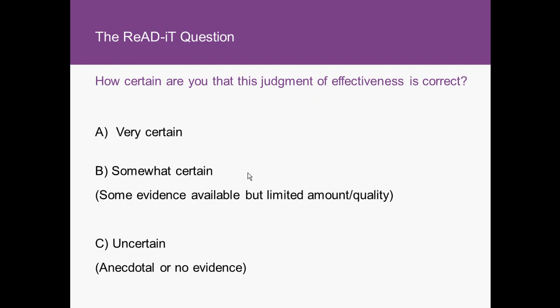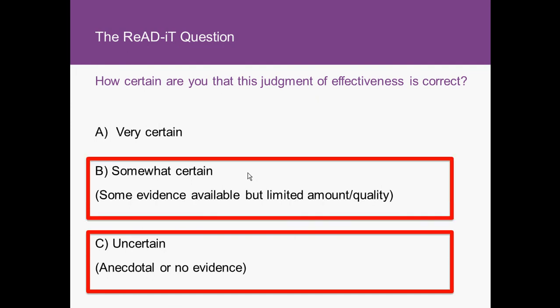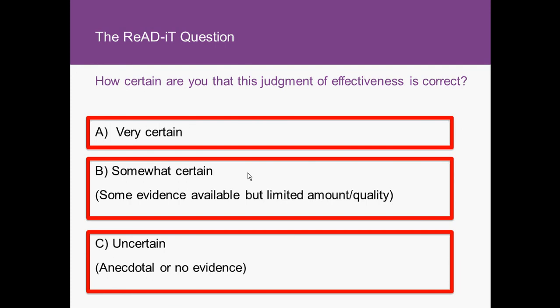When making your rating of your level of certainty that your judgment of effectiveness is correct, it is somewhat easier to examine and make the rating of uncertainty if there is an absence of evidence, or there are only very poorly designed studies or low-level design studies that have been used to generate the point estimate of effect. It is more difficult to separate out being somewhat certain from being very certain.